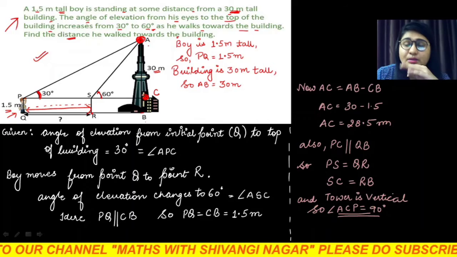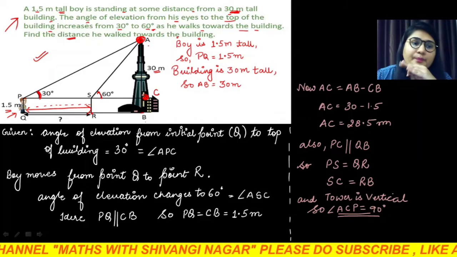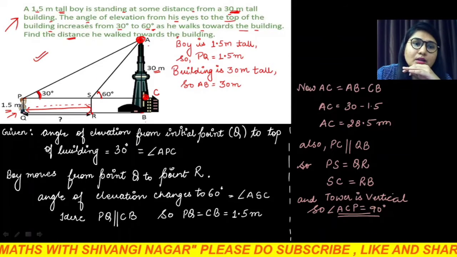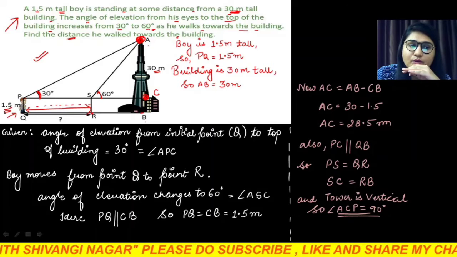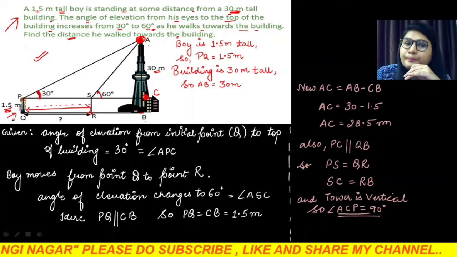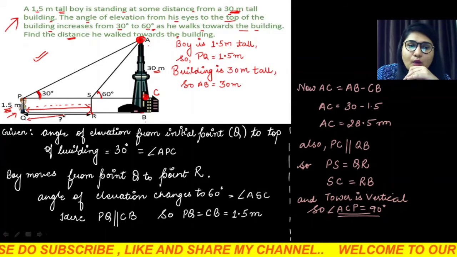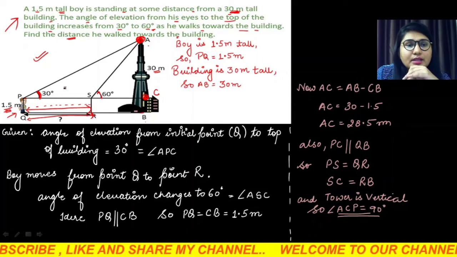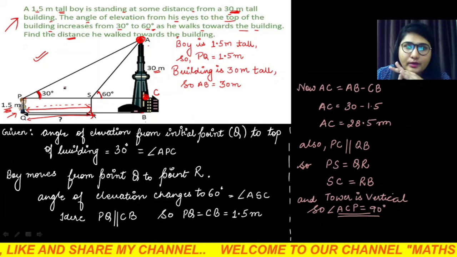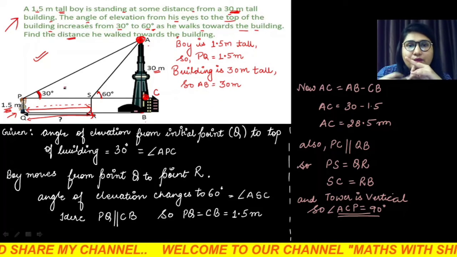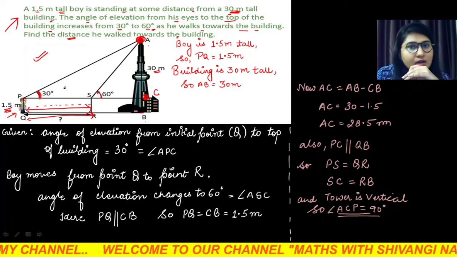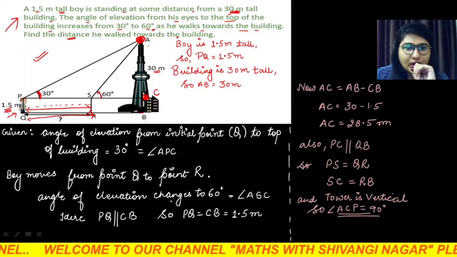Similarly, the height of the boy is given, 1.5 meter, and the angles of elevation are given, and we have to find this QR distance, the distance he walked, due to which his angle of elevation increases from 30 to 60 degree.